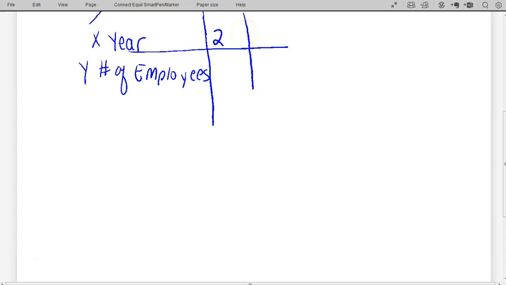So that x is 2, where the y is 247. And in the next one, x would be 5, and then the y would be 475. So what you're going to want to do is be entering this information into lists 1 and 2.